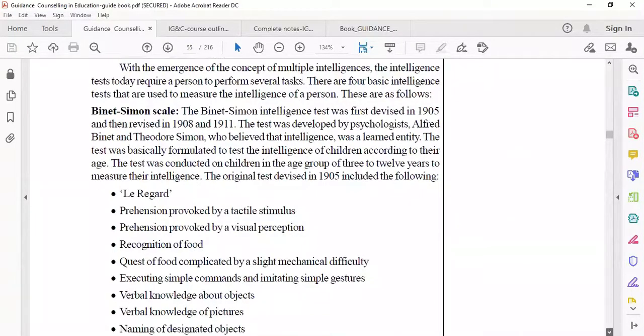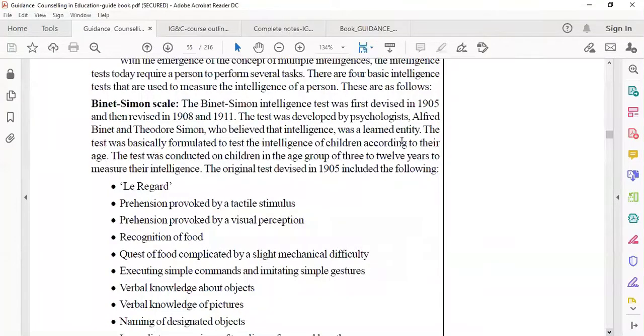and what is the level of that intelligence a person possesses. The oldest intelligence test was first developed by educational psychologists Alfred Binet and Simon. These were the two persons who had been given the responsibility to develop a scale, a tool, to assess the intelligence of people.